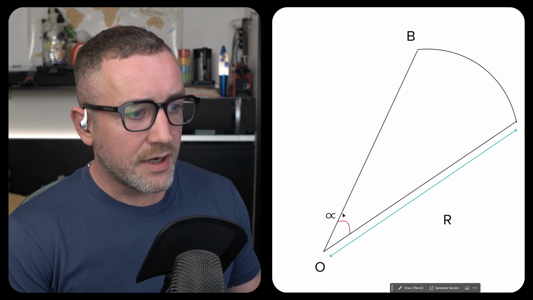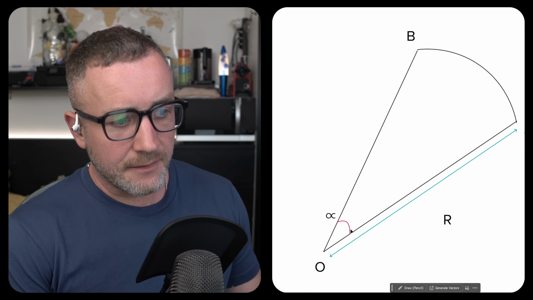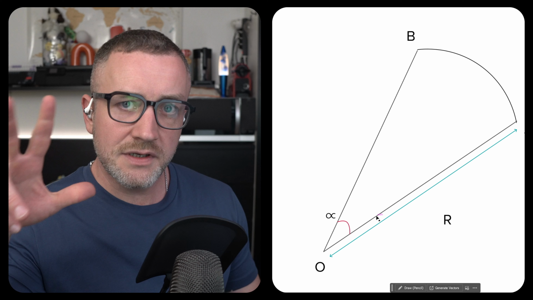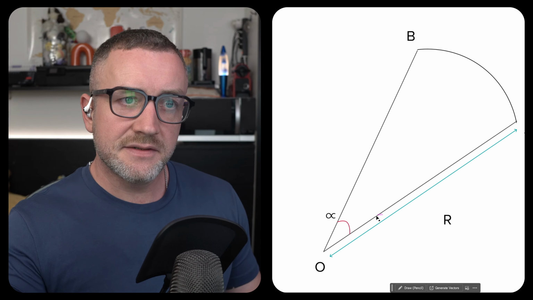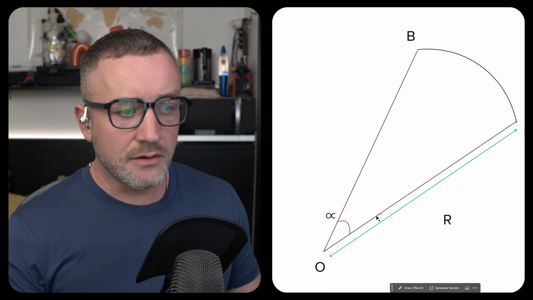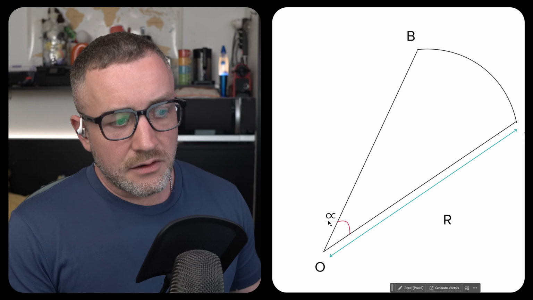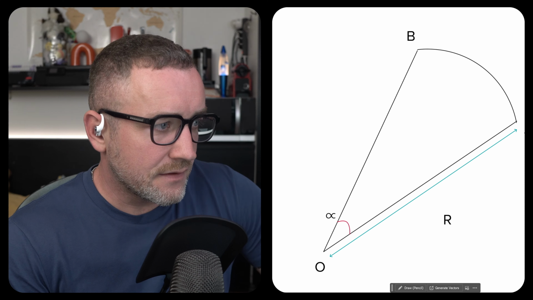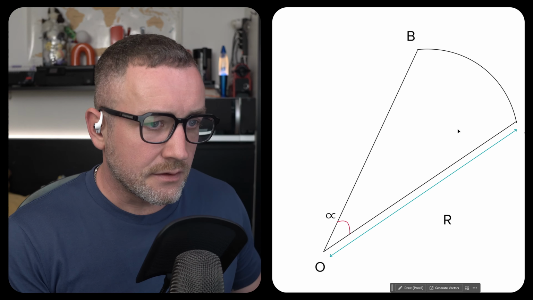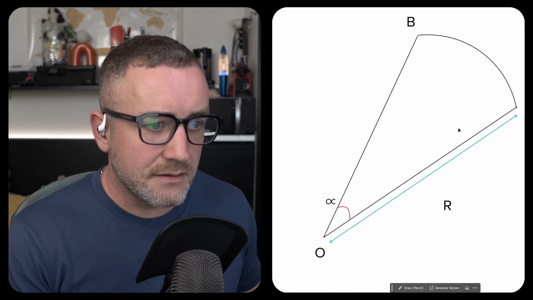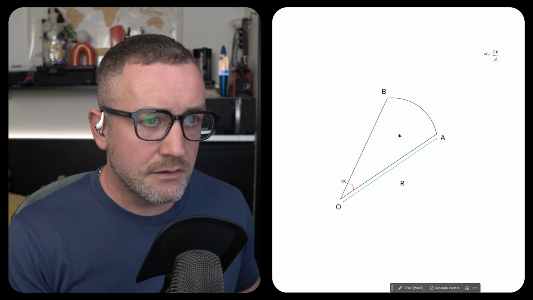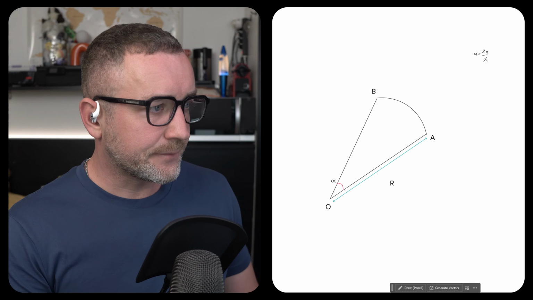So we have the angle alpha. We know that the whole circle is 2π radians, right? So this angle measurement is 2π divided by x. We know that, so we can write it down: alpha equals 2π divided by x.